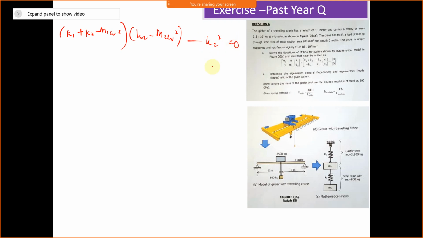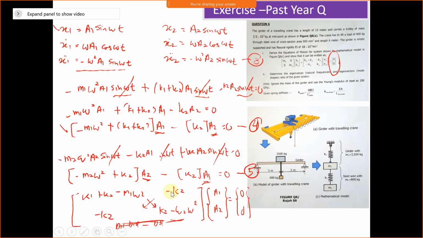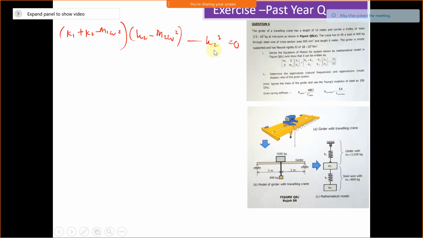Sebab yang this one sama kan, minus negatif positif, so dapat minus balik lah. So minus K2 square equals to 0.